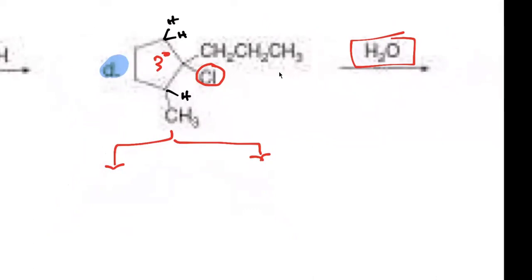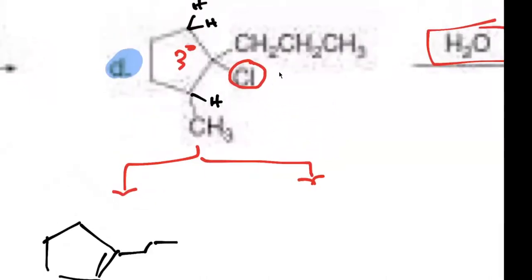Okay, well, the alkene will be on the left and the right side of that CH2, CH2, CH3. Yeah, it makes sense. I know what you're saying. Here, how many carbons is that? 1, 2, 3.